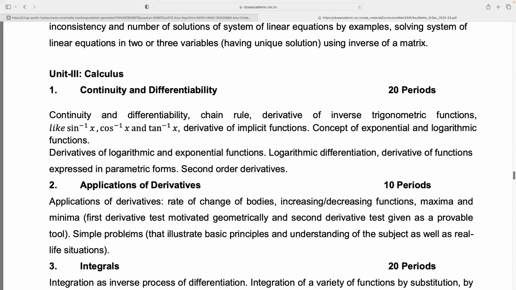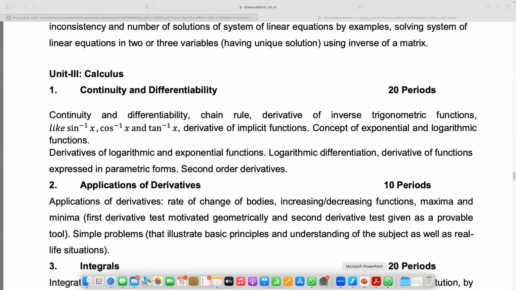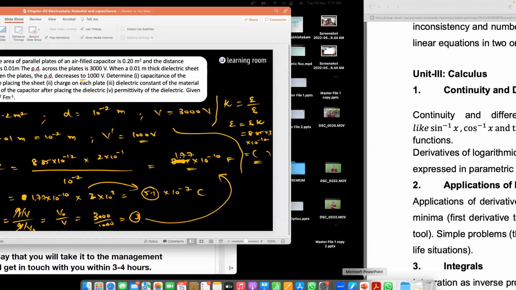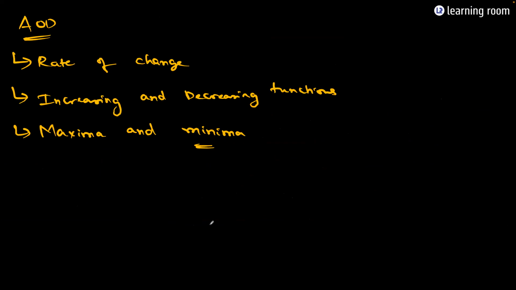So for my satisfaction, I'll at least explain the concepts, then we can start off with the problems. When there are problems based on rate of change, what do we generally do? They'll give you a question where it has some geometrical figure, right?